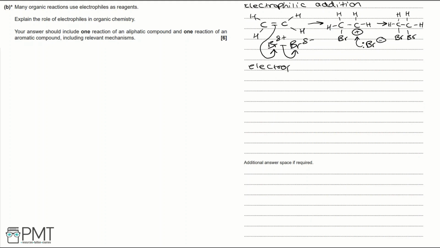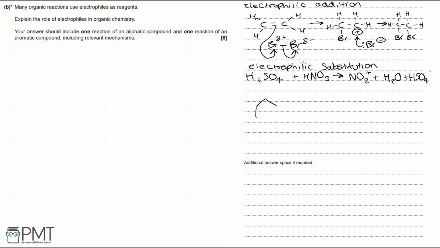Then we're going to talk about electrophilic substitution, which is our second mechanism you learn about at A level. But for this mechanism, you need to form your electrophile. So to form our electrophile, we need to react H2SO4 with HNO3 in this case, because we're doing a nitration of benzene reaction. So we'll form NO2+, H2O, and HSO4-.